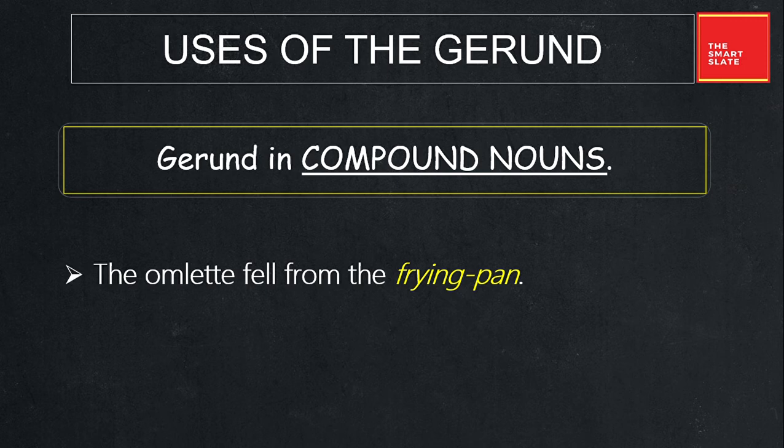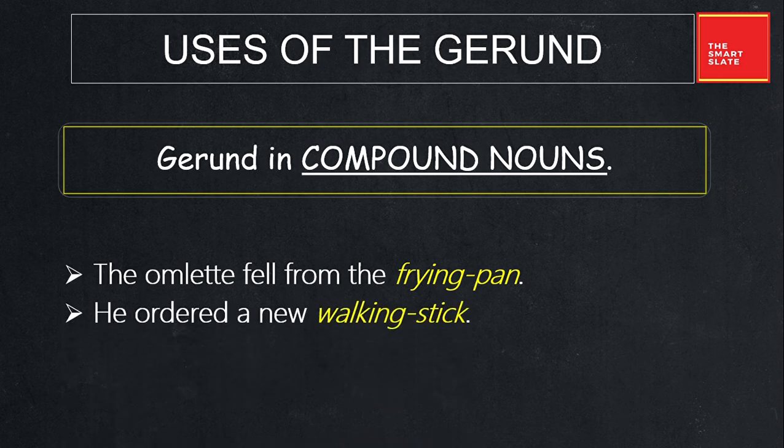Even though both the words act as noun, fry is the verb, and when you add ing, it becomes frying, so it is your gerund, and frying pan is your noun. So when you have such compound nouns, the word ending with ing is still your gerund. So the compound noun here is frying pan, but the gerund here is frying.